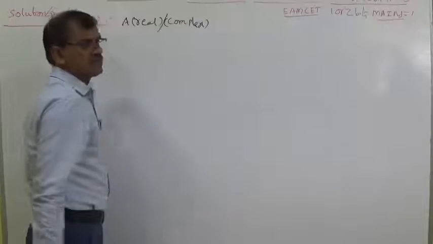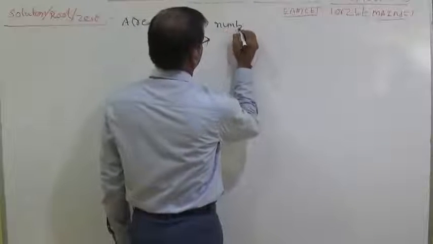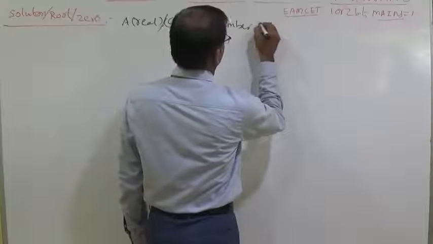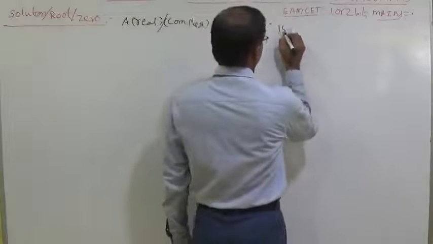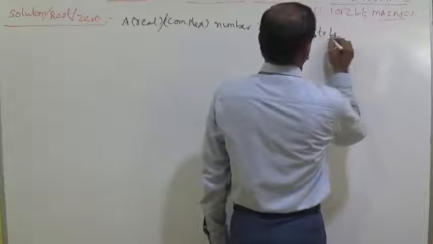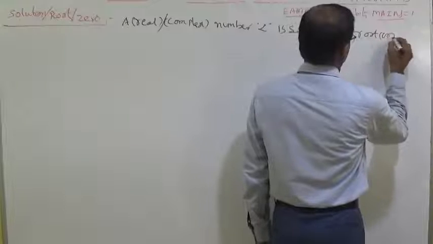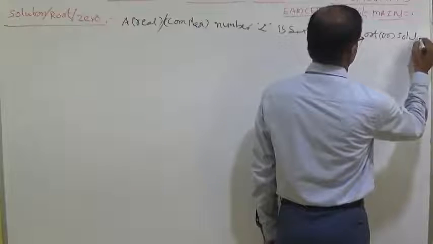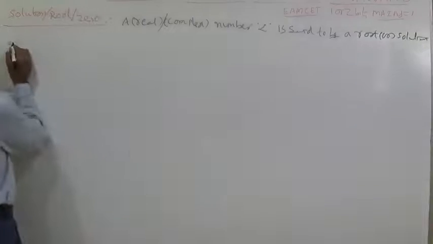A real or complex number alpha is said to be a root or solution of a quadratic expression.